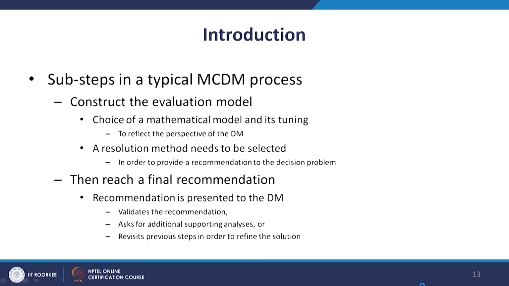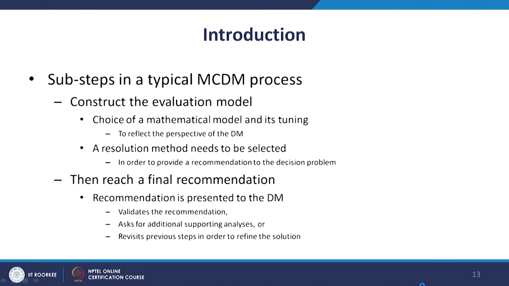What particular model or method we are going to select, and then the tuning of that model or method as per the perspective of the DM, because the DM is the person who is going to be responsible for the final decision that is to be made. Therefore, the analyst has to understand the perspective of the DM, and the choice of mathematical model and its tuning has to be done accordingly.